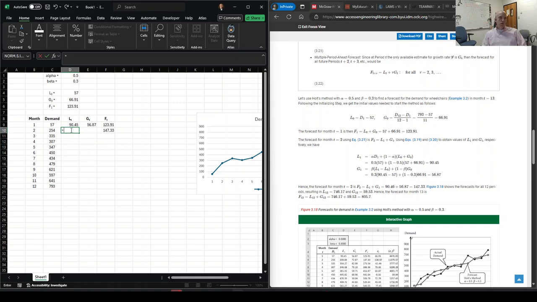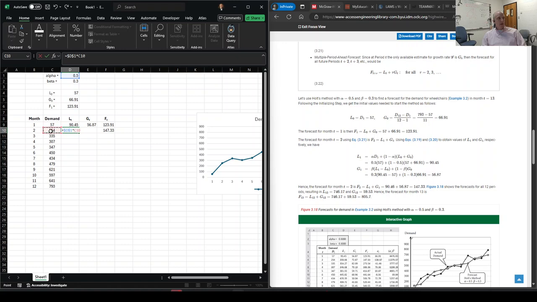Okay, so L2 is equal to our alpha, I'll anchor that, times our current demand, right? Because we're doing L2, so that needs to line up with D2.